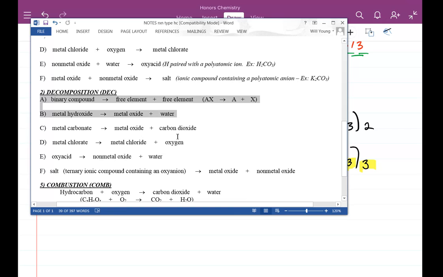Instead of making something, we're breaking something down. So all of the definitions for A through D on synthesis, you just flip them around and you have decomposition reactions. So if a binary compound breaks down, it breaks down into 2 free elements. If a metal hydroxide breaks down, it breaks down into metal oxide and water. So it's the exact opposite of what we saw up above with synthesis. And we'll do some examples of E and F a little later.